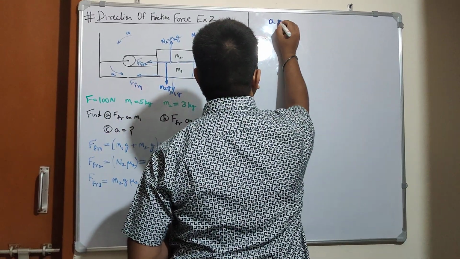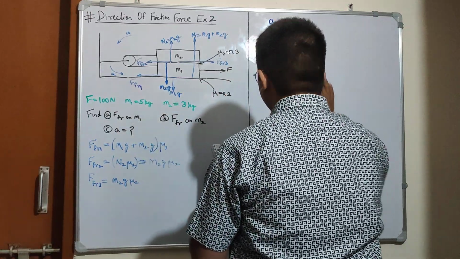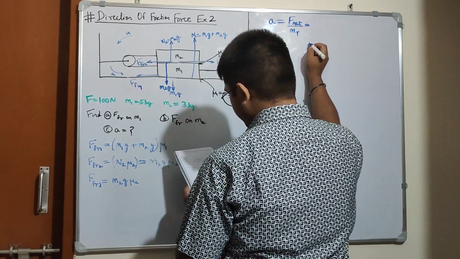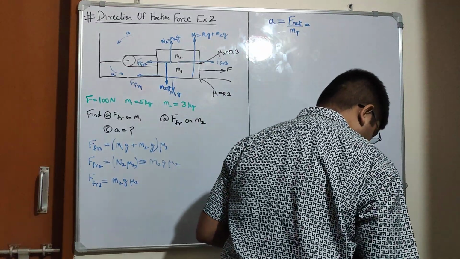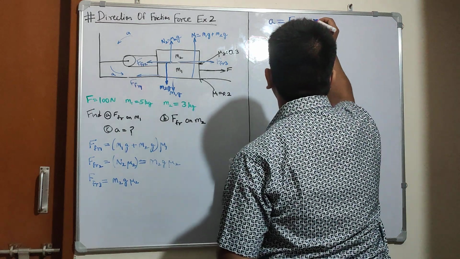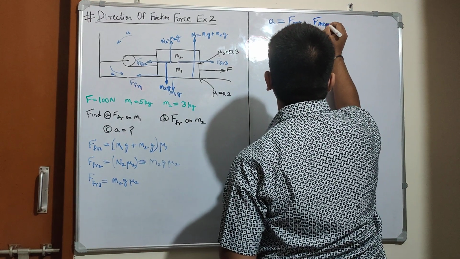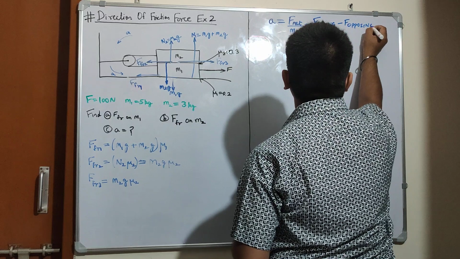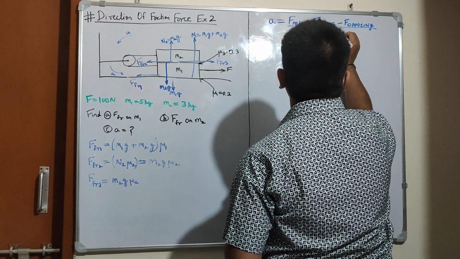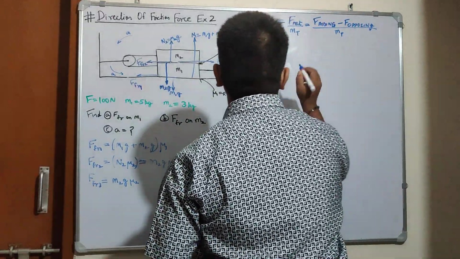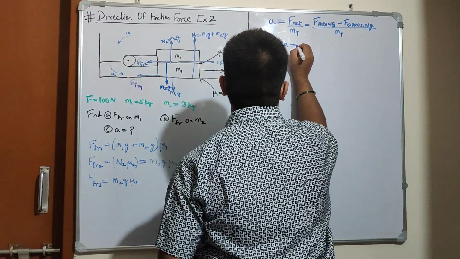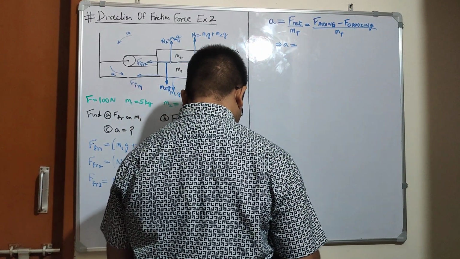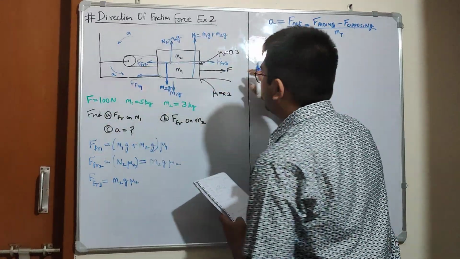So acceleration equals F net by mt, that will be equal to F aiding minus F opposing, divided by mt. So we will have A equals to, so there is only one aiding force, that is F.